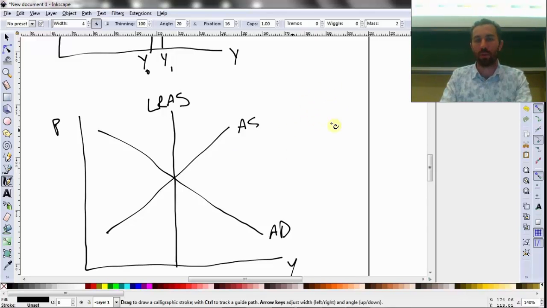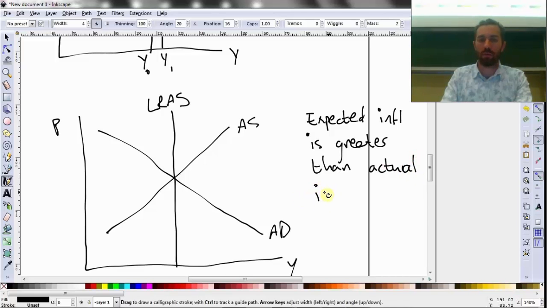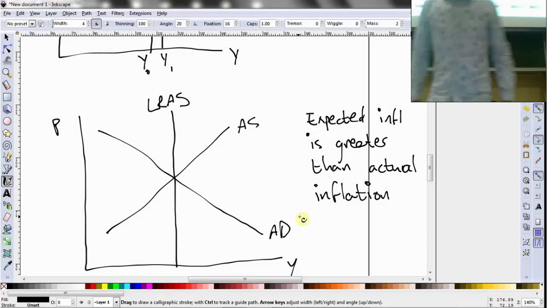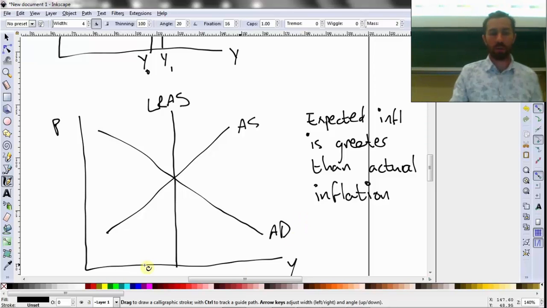So what we're drawing here is a situation where expected inflation is greater than actual inflation.